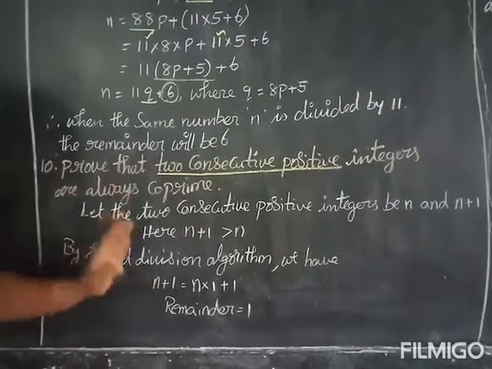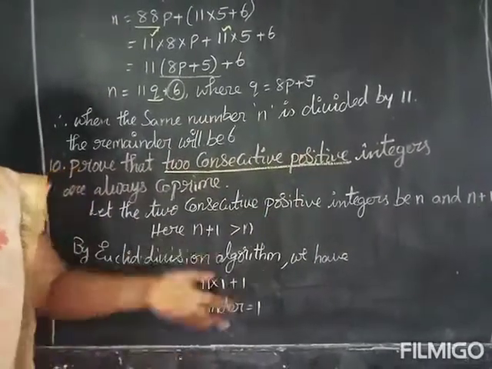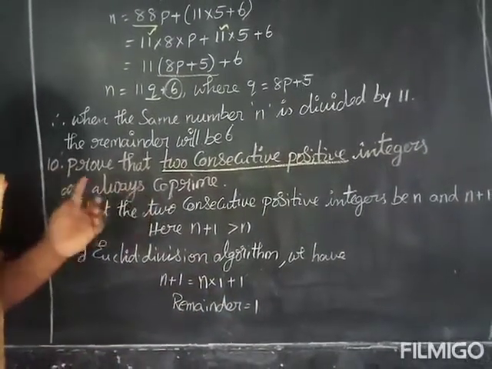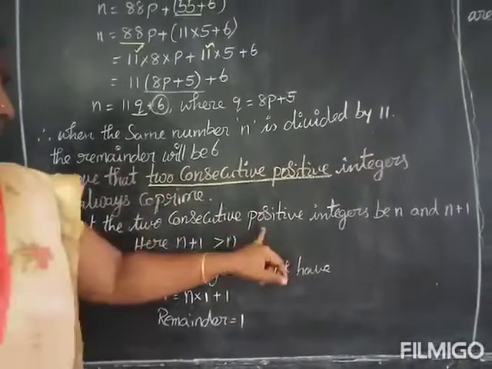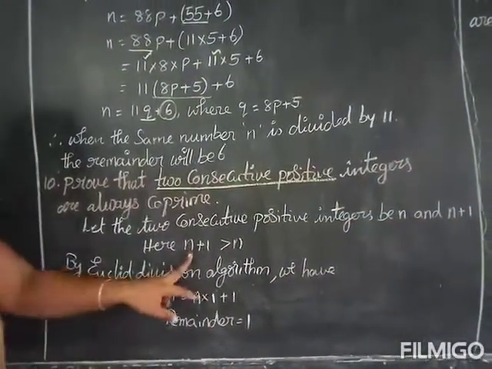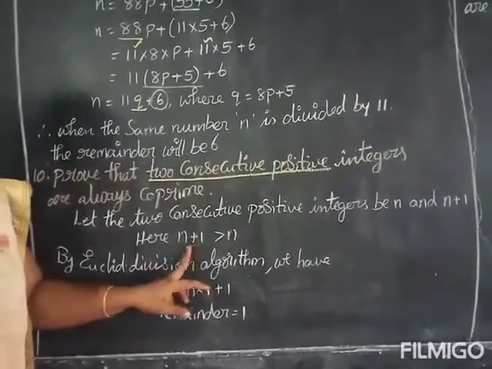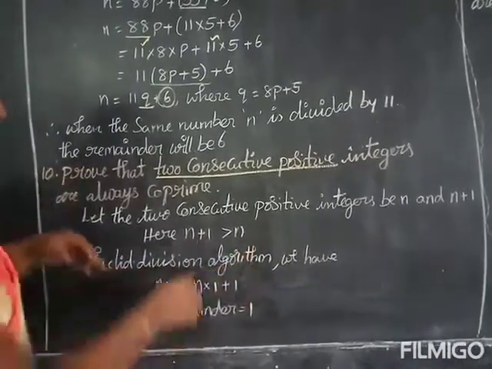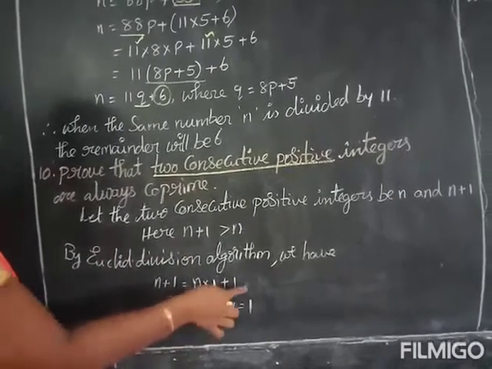If you prove that the HCF of two consecutive integers is 1, then automatically the integers are co-prime. So let the two consecutive positive integers be n and n plus 1. Always n plus 1 will be greater than n, you know. So I am going to find the HCF of n plus 1 and n.